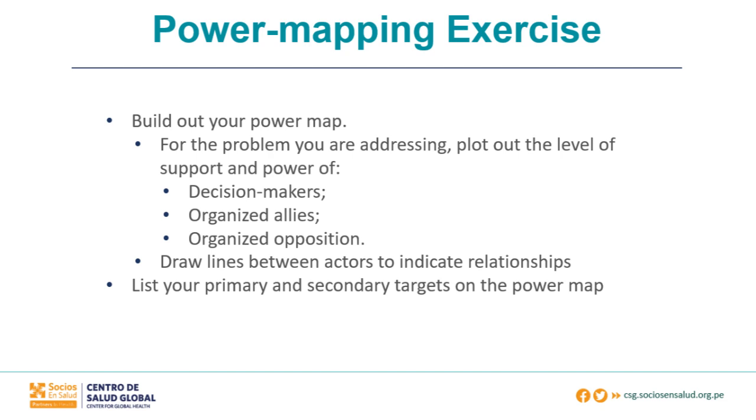So you'll list out these three different categories of individuals, and then you will draw lines between the different individuals to indicate what relationships exist between them, and you'll write down those relationships, and that'll get you thinking about who the secondary targets are. So who are those people who don't have the power to make the decision, but have some influence over people who do.